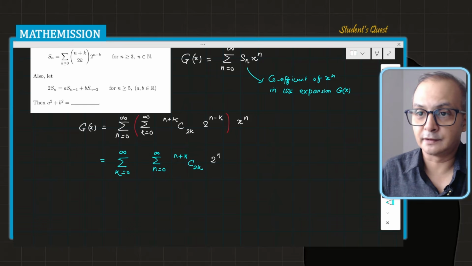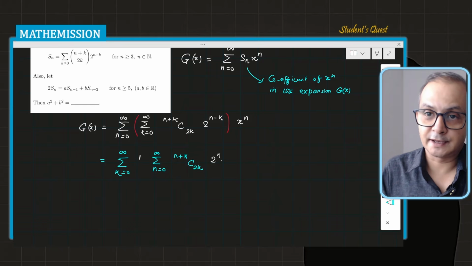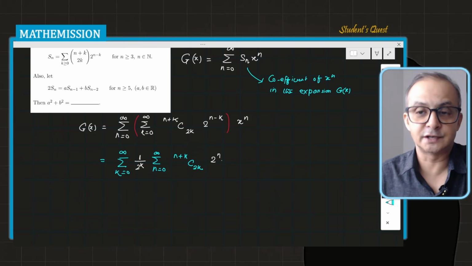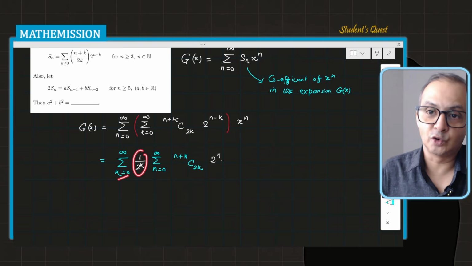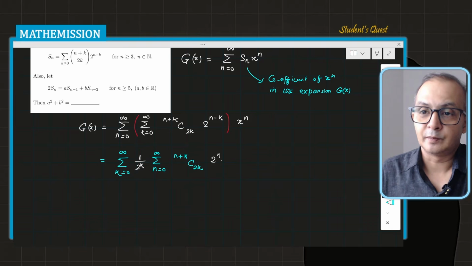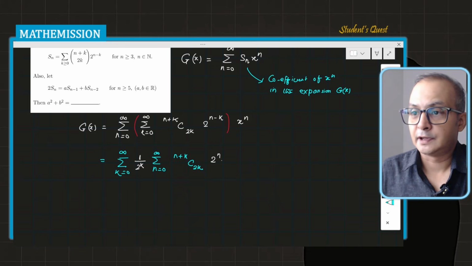And notice that this part of the term I can write like this, 2 to the power n into 2 to the power minus k, and 2 to the power minus k I can write 1 by 2 to the power k in the front, because now it is not dependent on the n anymore, because that index is k here, which is the outer summation sign, but here this is only the inner for the n.